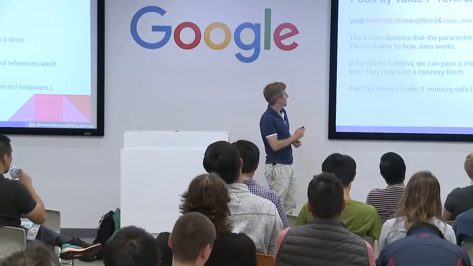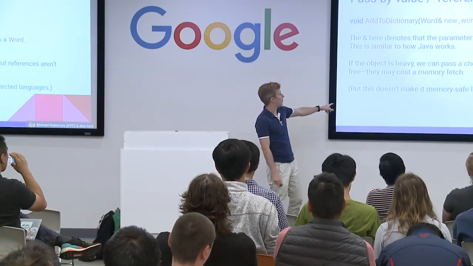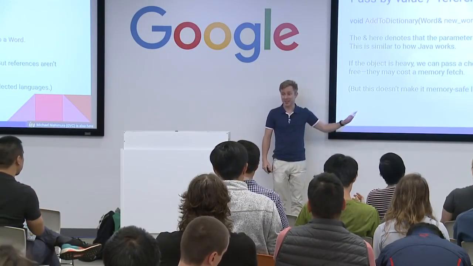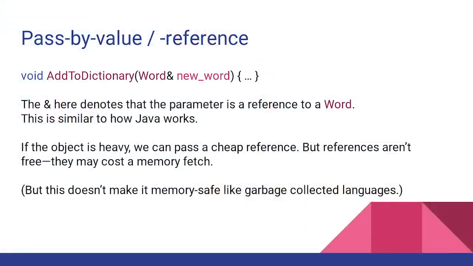It says, here's the location in memory, jump to that location in memory, and then get the actual thing you wanted. So that extra indirection, that's not free. So if it was cheap to copy, like say an integer or something like that, you might as well have just copied. Oh, another thing I really want to point out, just because it's a reference, that does not make it memory safe. This is not garbage collected. It's just a pointer. That's it.